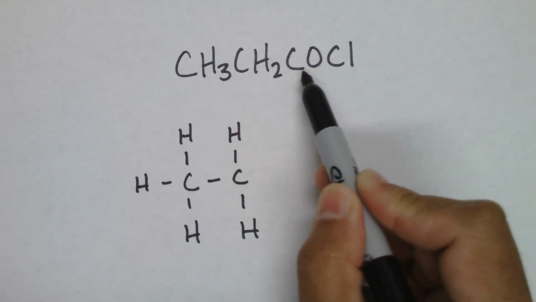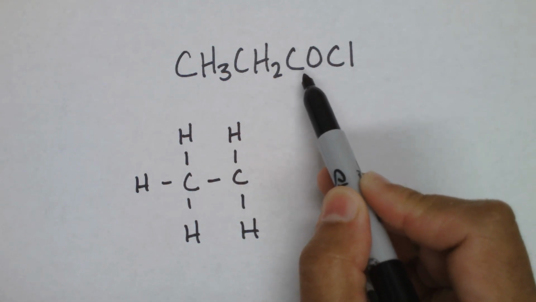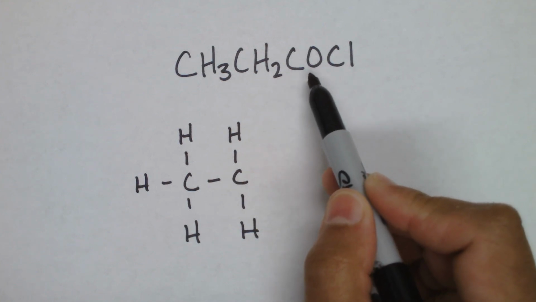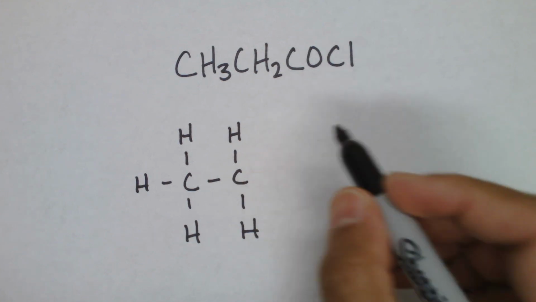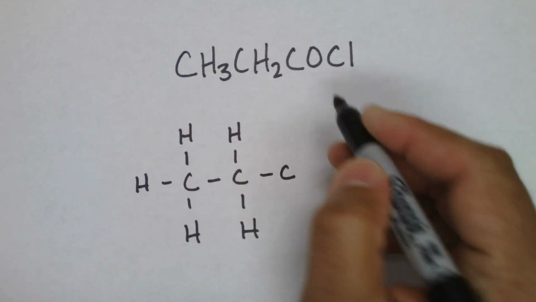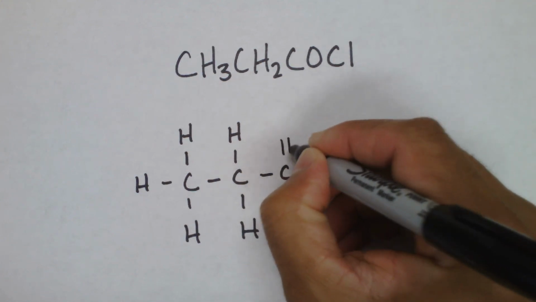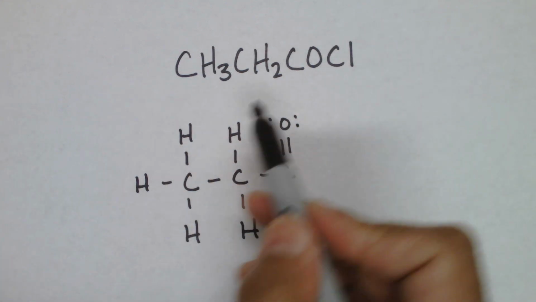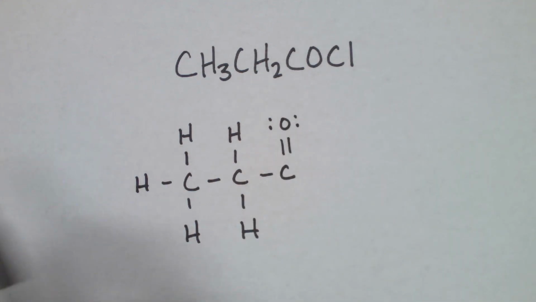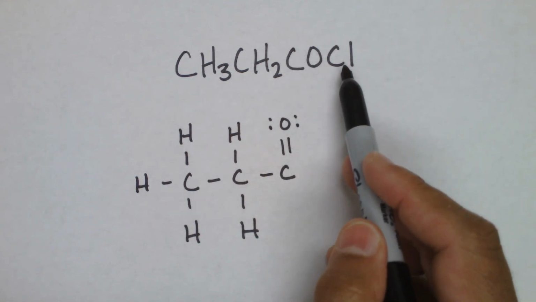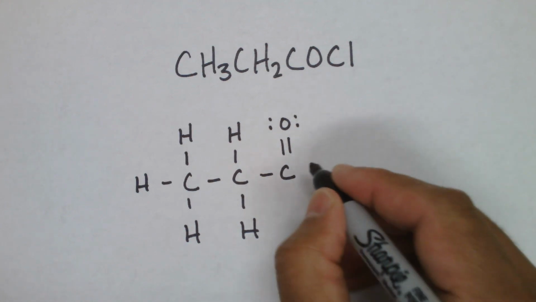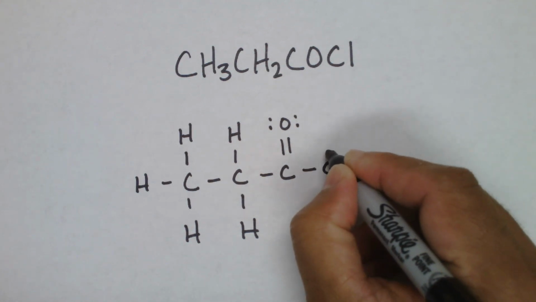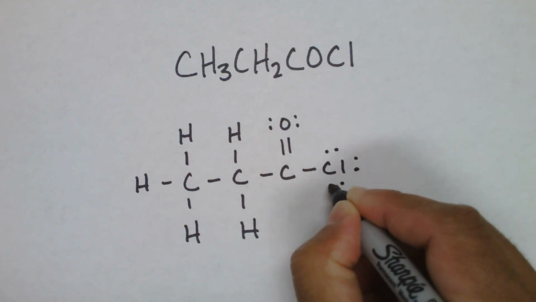When this carbon is not bonded to any hydrogens and just directly bonded to an oxygen, this CO is a classic indication for the carbonyl functional group. So it's double bonded to this oxygen, and then the next atom, chlorine, is bonded to the carbon. And we'll complete the octet on the chlorine like this.